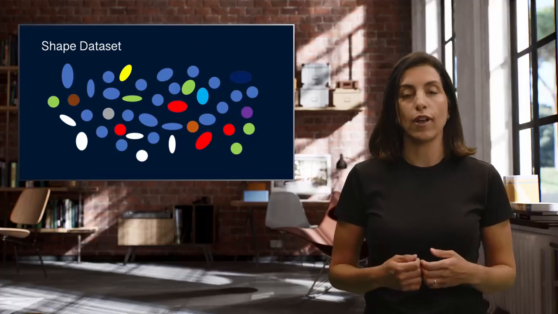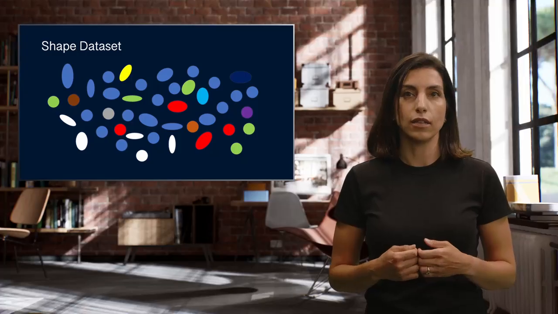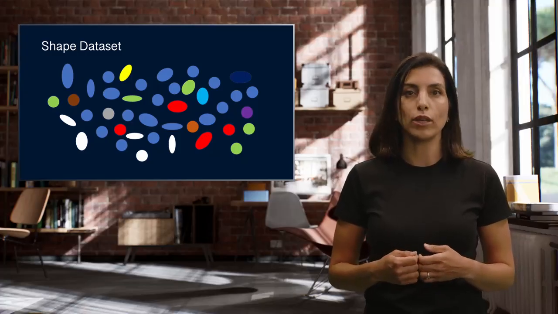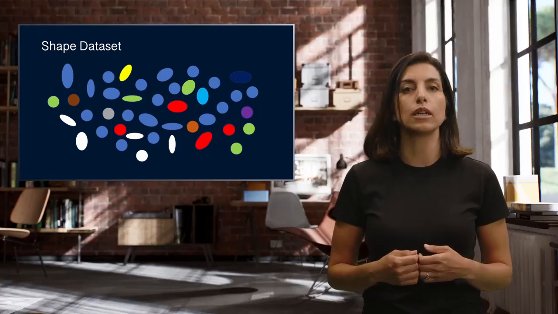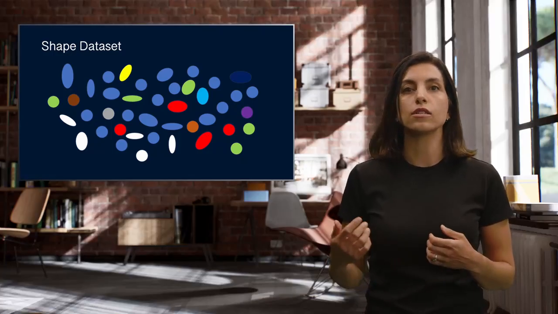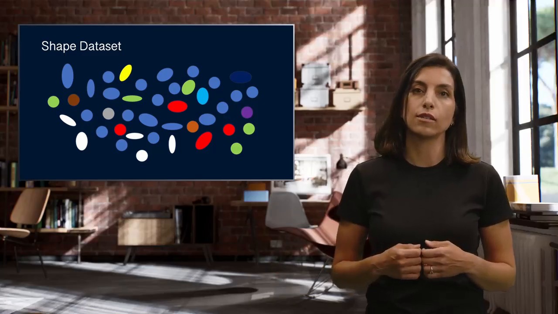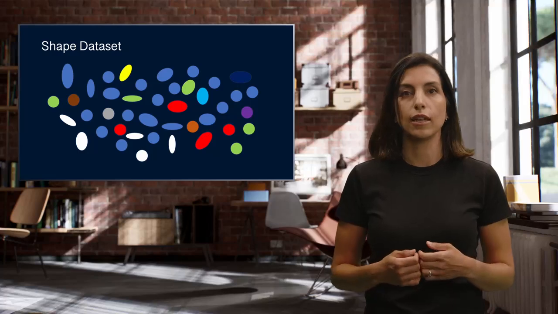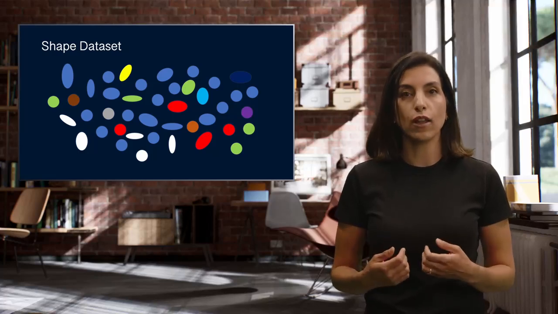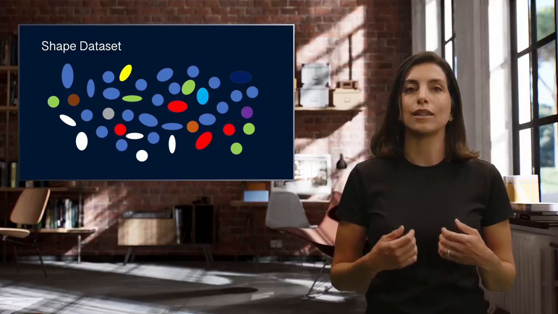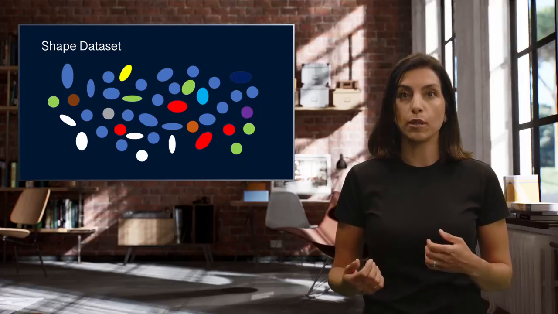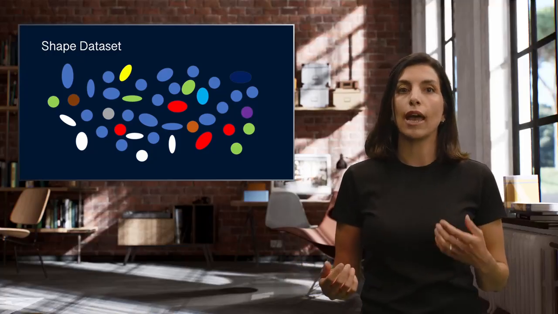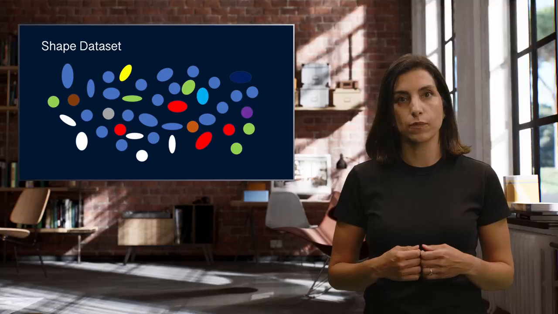Take this collection of ellipsoids as a dataset. Each ellipsoid is a data point in this dataset, representing different size, color, and shapes. Assume that this is a dataset that we want to use to develop a computer vision model that can classify the shapes into circles and elongated ellipsoids.